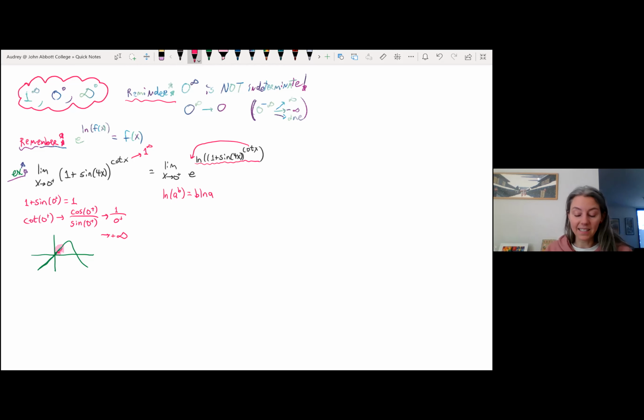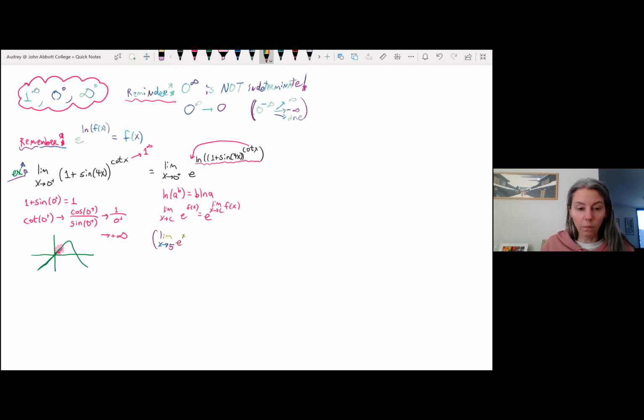Now, the second is that I can move that limit inside of my e. So in other words, if I have the limit as x approaches some constant of e to a function, that's the same thing as e to the limit as x approaches that constant of that function. In other words, the limit isn't applying to the e, it's only applying to the function part. If you really want to think about this, let's say that I have the limit as x approaches 5 of e to the x.